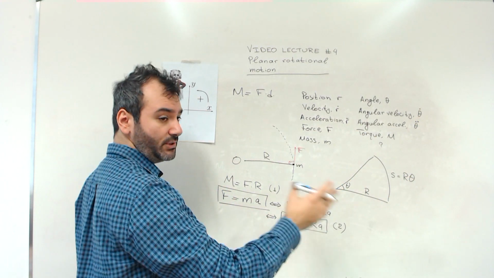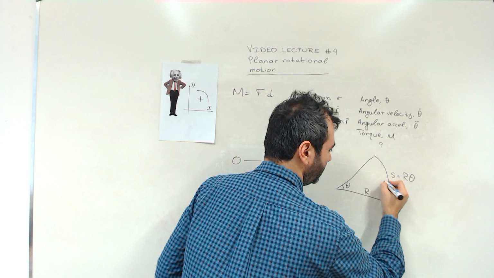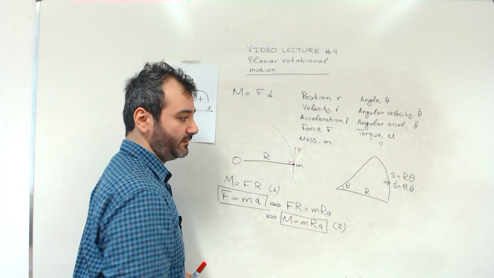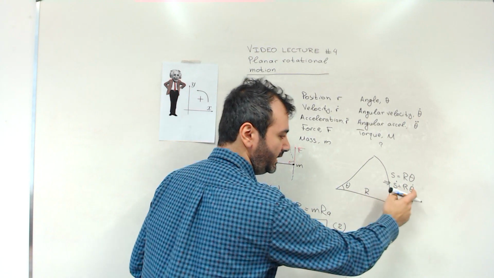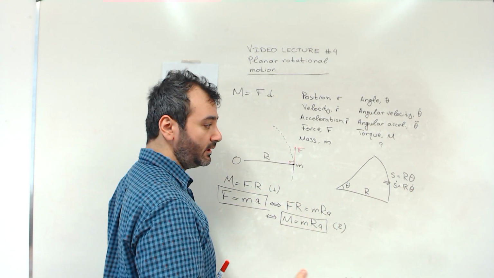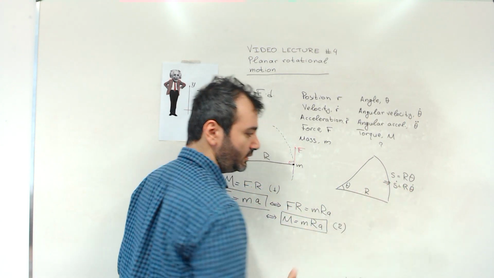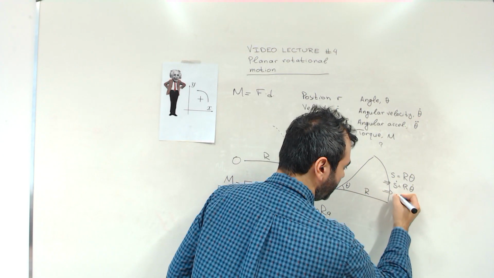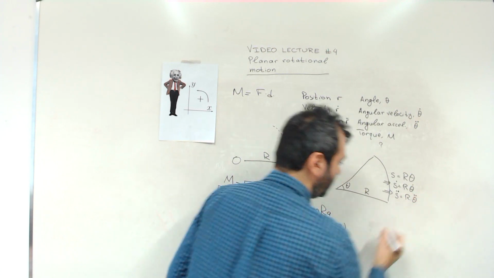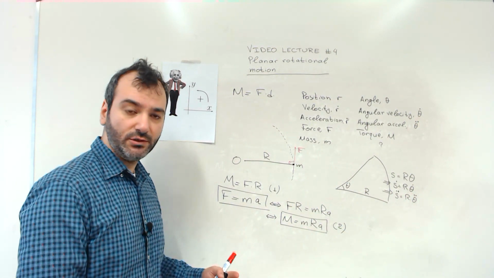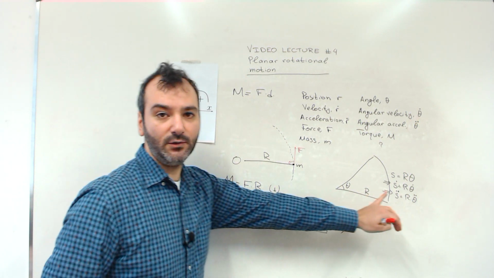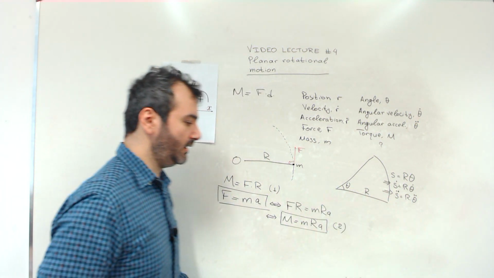Now, if you differentiate both sides, you will have the derivative of S is r times the derivative of theta. So velocity is equal to r times angular velocity. And if you differentiate once again, you will have that the acceleration S double dot, what we have denoted here by A, is equal to r times angular acceleration.